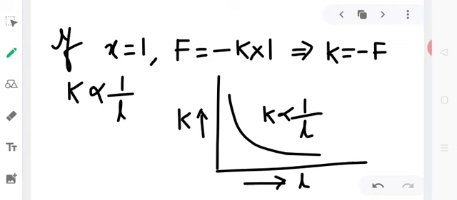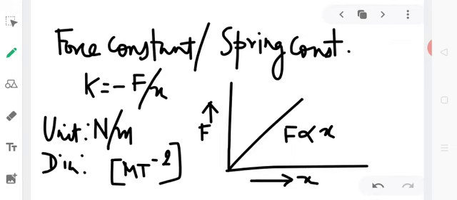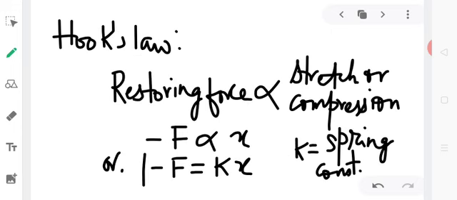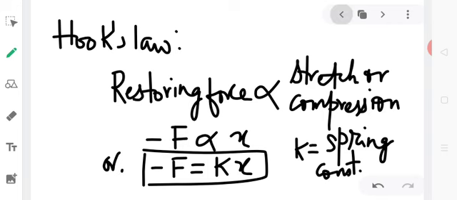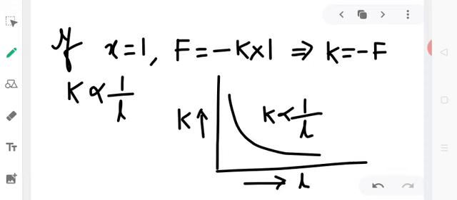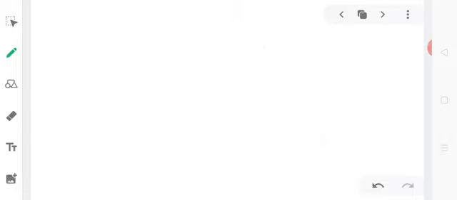The negative sign in this equation indicates that restoring force is directed always towards the equilibrium position, as you can see in this diagram. Now, let the body be displaced further through an infinitesimally small distance dx against the restoring force.